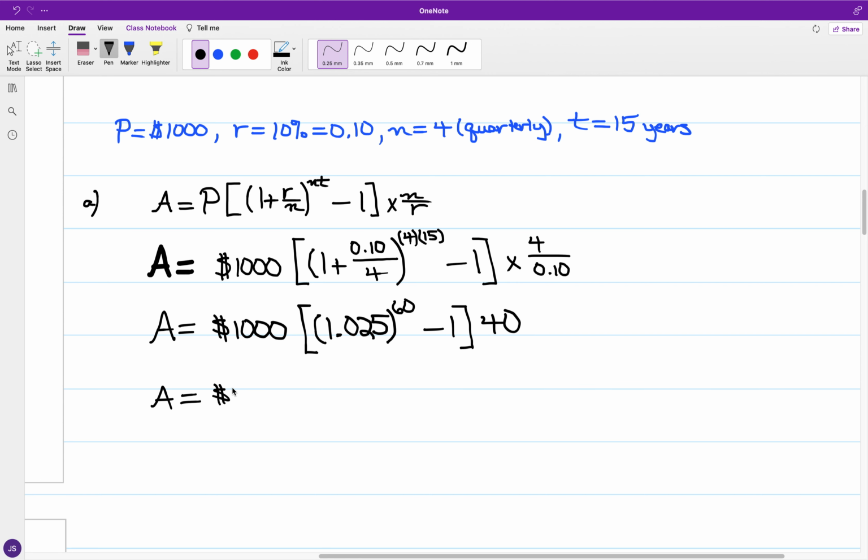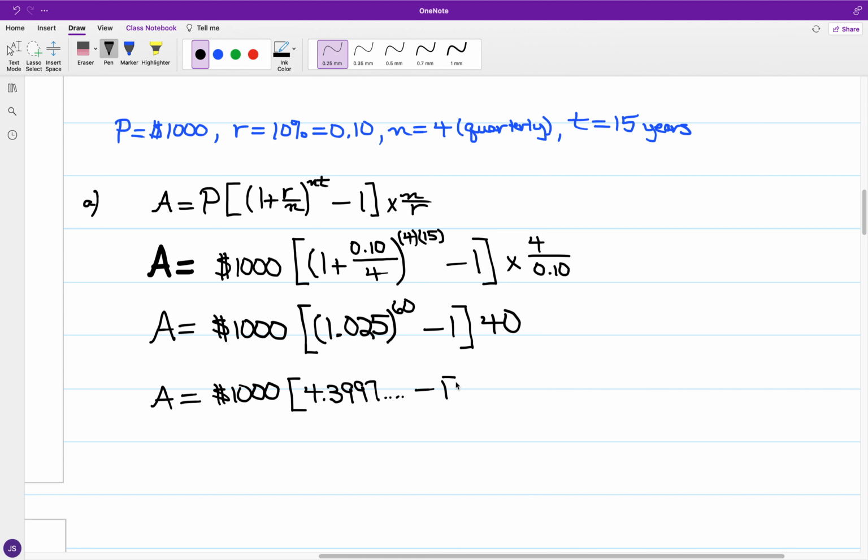We still have some remaining operations inside the brackets. Now we have 1.025 as the exponential base taken to the 60th power. We'll have a number that is slightly under 4.4. Among the first digits, we have 4.3997.